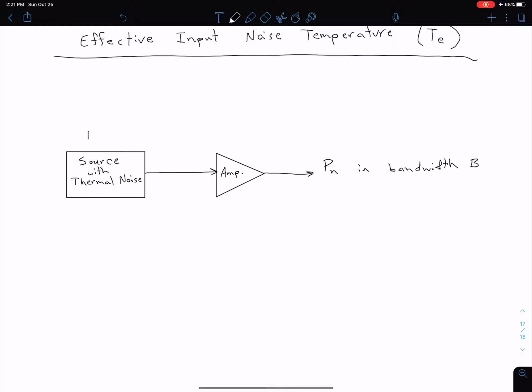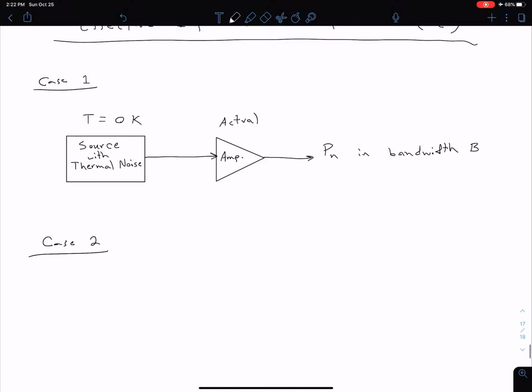We are going to consider two cases. In case 1, the temperature of our source is 0 K, and our amplifier is an actual amplifier, so we are going to have some noise produced in the amplifier. Now for case 2, we have this same system.